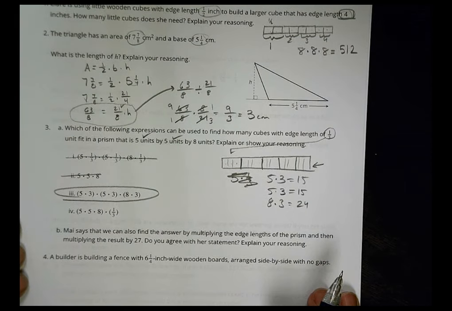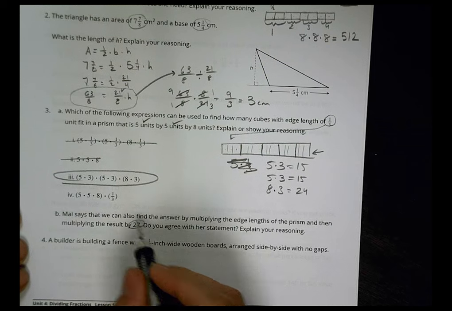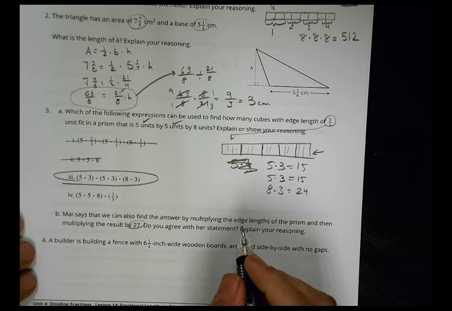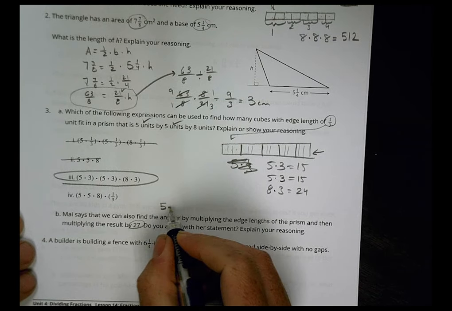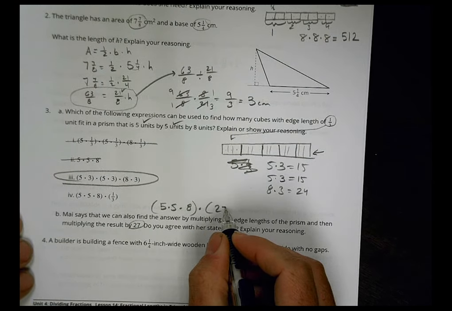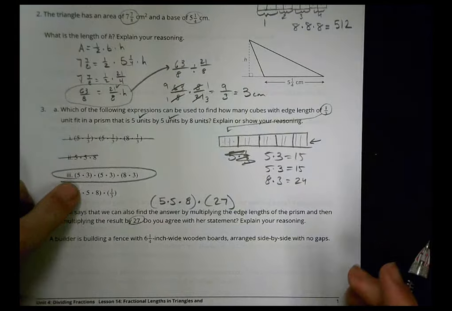May says we can also find the answer by multiplying the edge lengths of the prism and then multiplying the result by 27. Do you agree with her statement? Well, she's saying take the edge lengths and do 5 times 5 times 8 and then multiply by 27. How does that compare with what we see right here?